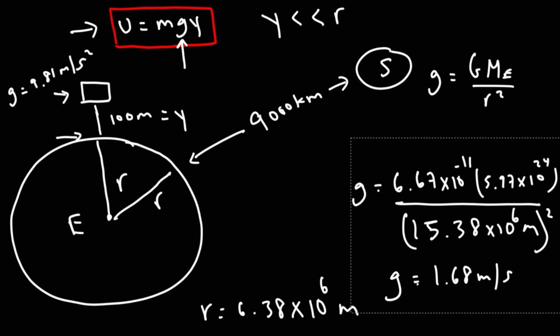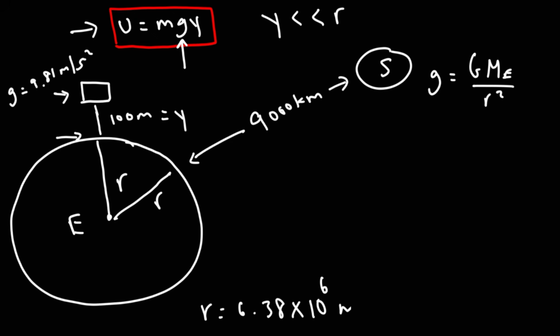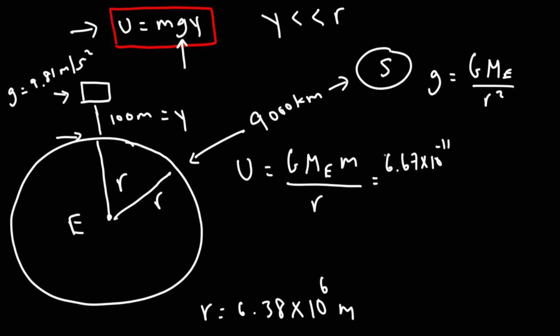So what formula can we use to calculate the gravitational potential energy for objects that are very far away from the Earth? In this case, we need to use this formula. U is equal to G M_E m over r. So G is the gravitational constant, which we talked about earlier.